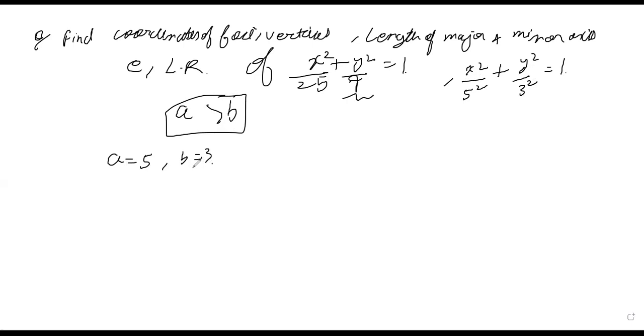So first tell me the vertices. What will be the coordinates of vertices? Plus minus 5 comma 0. Yes, plus minus 5 comma 0. And if we know a and b, can we find the value of eccentricity?